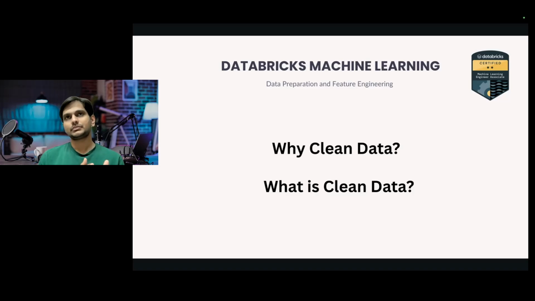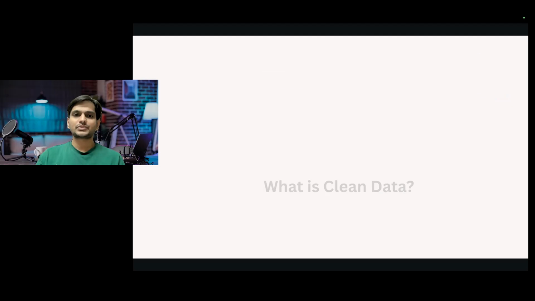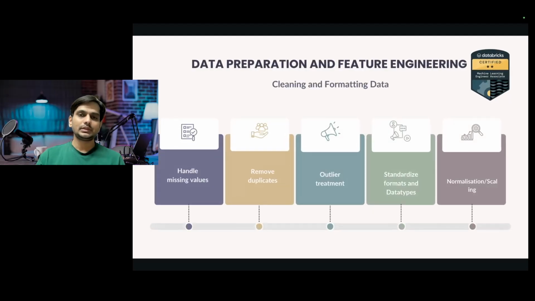All these contribute to the different factors of data quality: accuracy, timeliness, getting the data at the right time, and valid data. So with this, we understood what clean data is and why we need clean data, right?